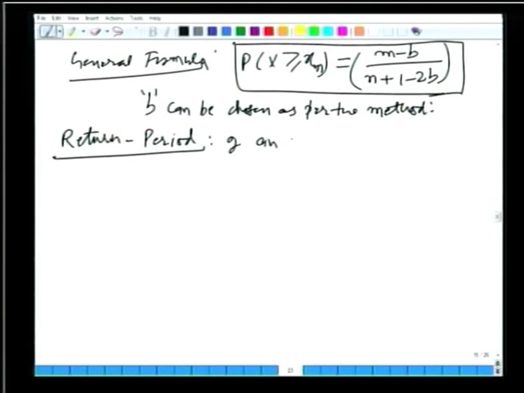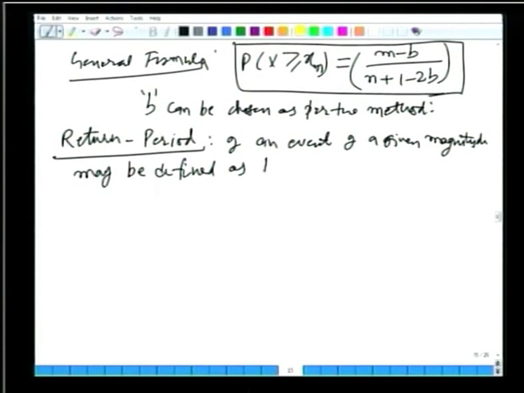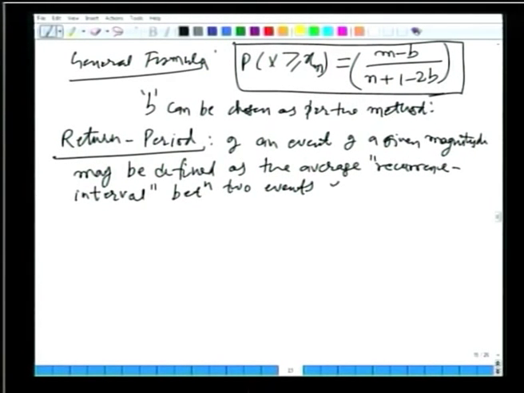The return period of an event of a given magnitude may be defined as the average recurrence interval between two events equaling or exceeding a specified magnitude.